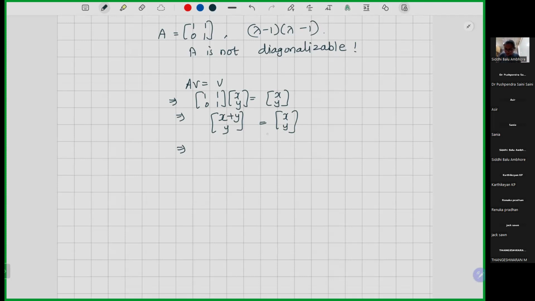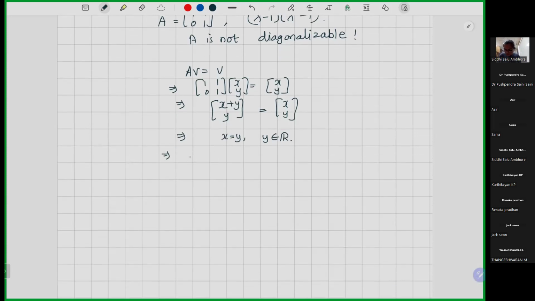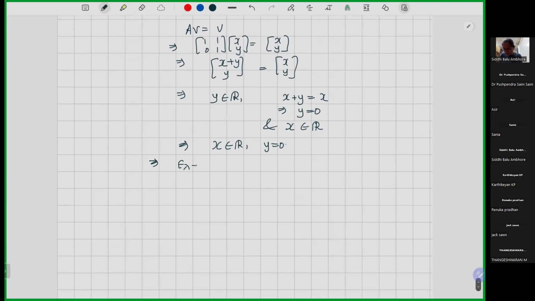So this gives x plus y equals x, and y equals y, with y in R. This implies y is 0 and x in R. So E lambda is just x times (1, 0), where x is in R. Therefore, the dimension of E lambda is 1, but the multiplicity of 1 is 2, therefore not diagonalizable.